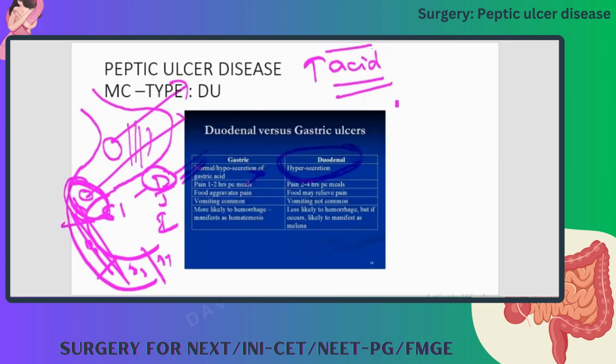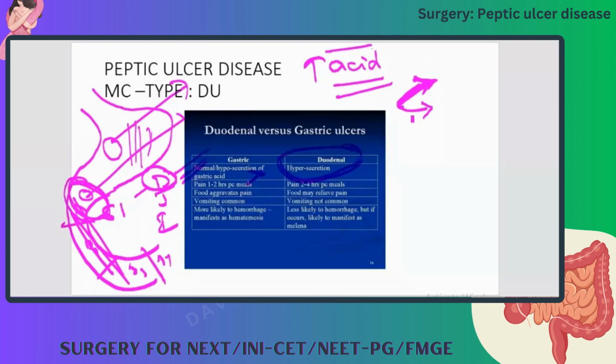Here also, same as in stones, where inhibitors and promoters are there, there are some substances which increase the acidity and increase the chance of ulcer formation. And bicarbonate, mucus secretions, mucus-secreting goblet cells help decrease the chance of mucosal injury.